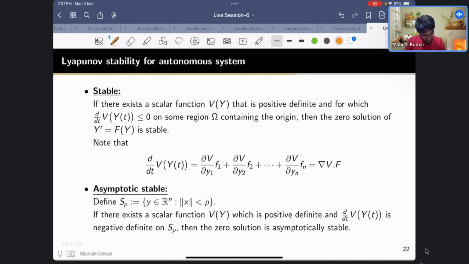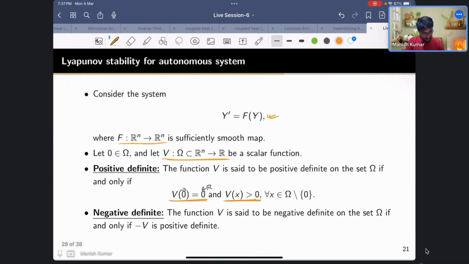Let me just give you the main idea of what we are doing. We have been given a system, the system that we have in our hand. Suppose (0, 0) is an equilibrium point. Now we want to talk about whether the equilibrium point is stable, asymptotically stable or unstable. So there is a way.